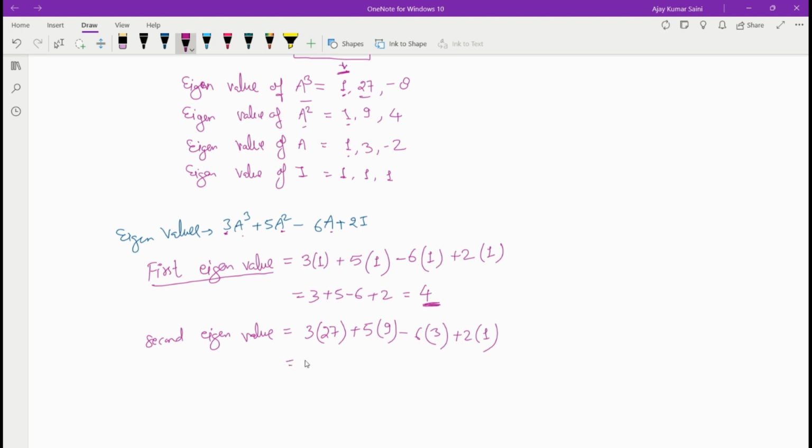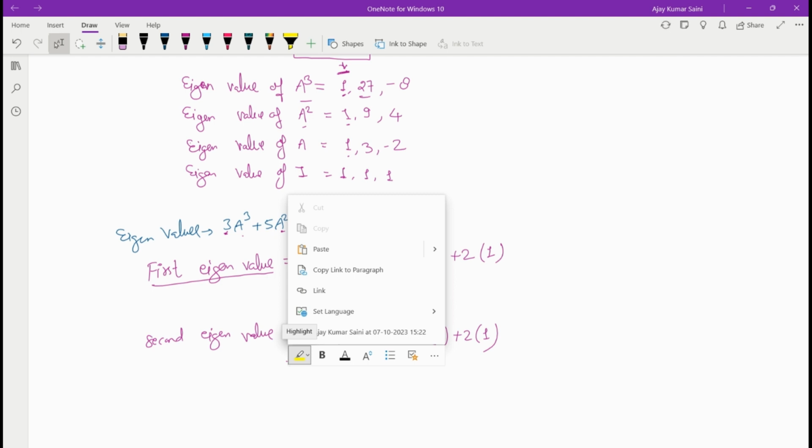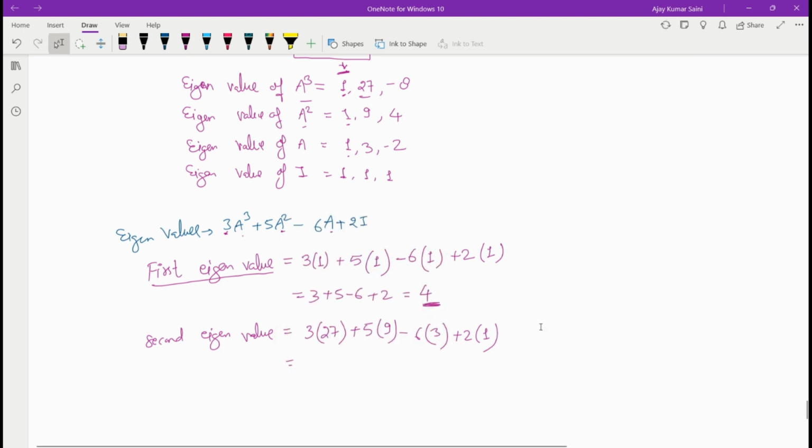Now I calculate this: 3 times 27 is 81, 5 times 9 is 45, 6 times 3 is 18, and plus 2.